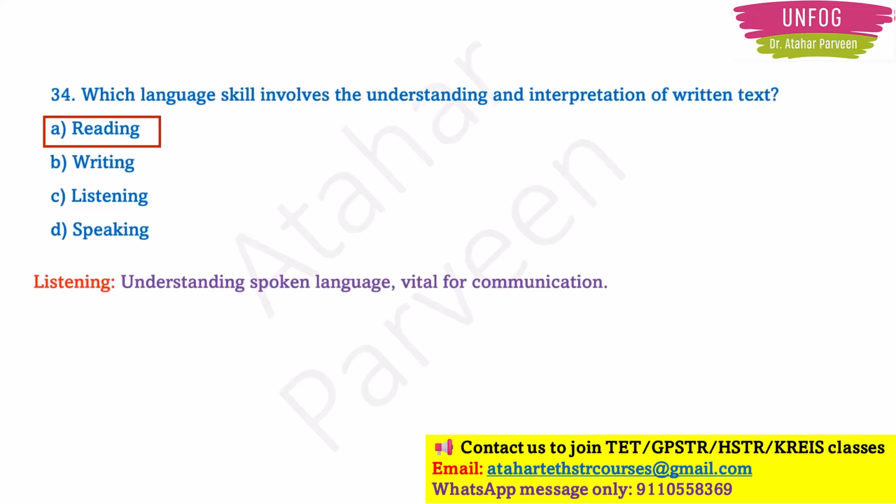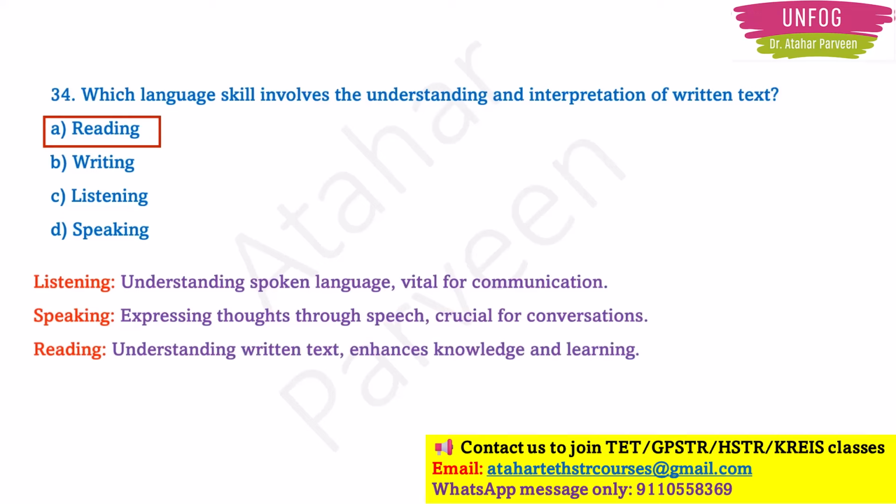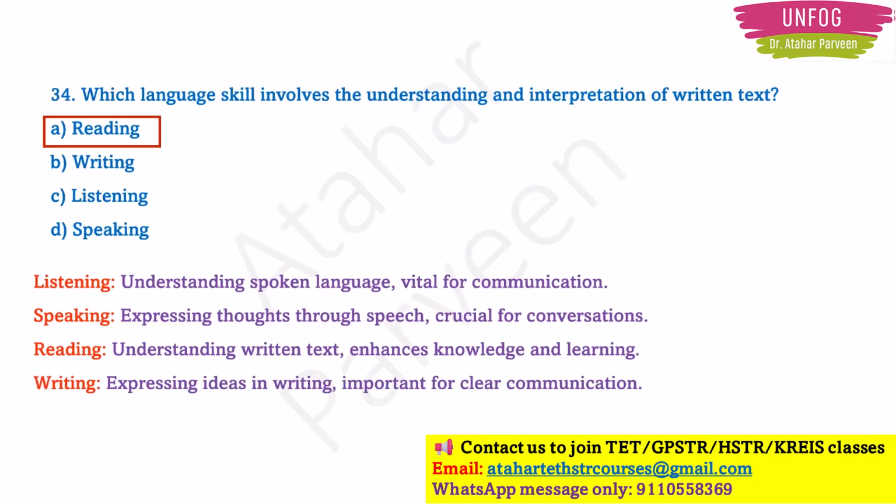Listening means you are understanding the spoken language, which is very important for communication. Speaking means you are expressing thoughts through speech, which is very important for conversation. Reading means you are understanding the written text, which improves knowledge and learning. Writing means you are expressing ideas in writing, which is very important for clear communication. So these are communication skills or language skills.